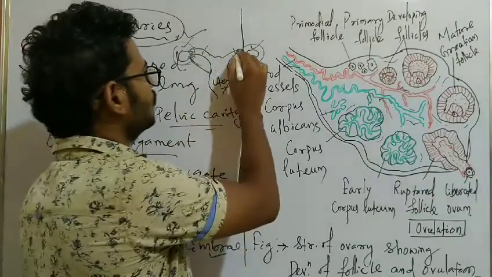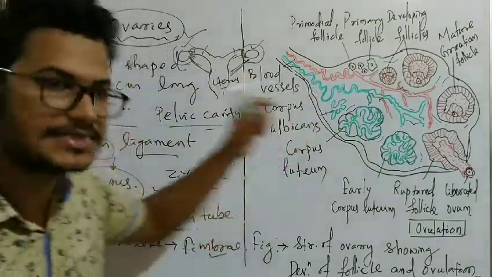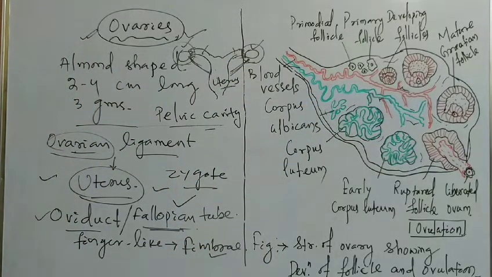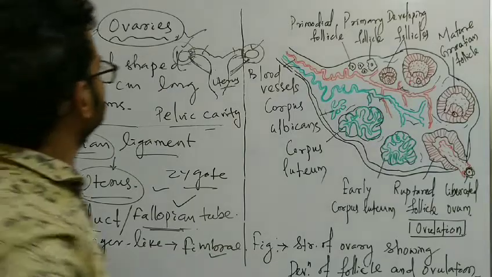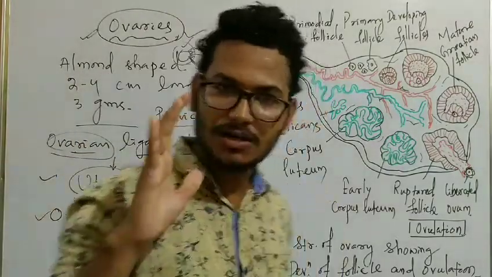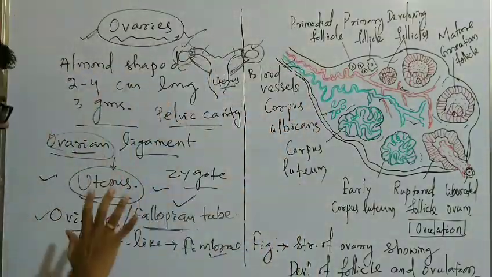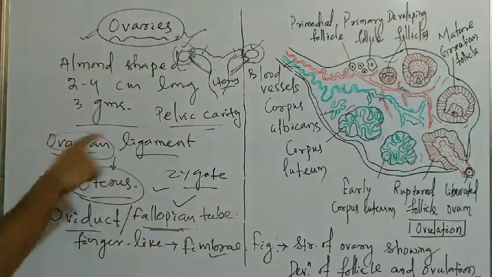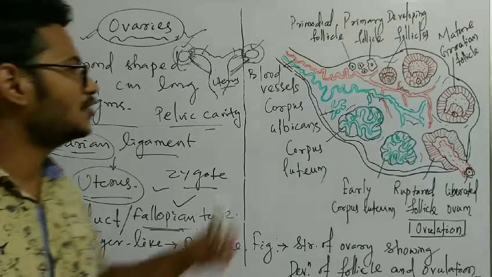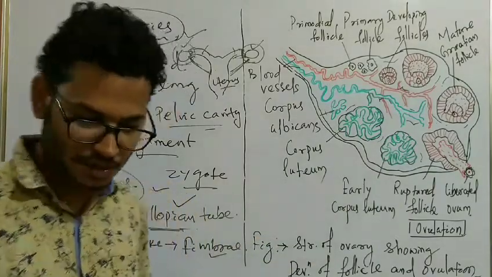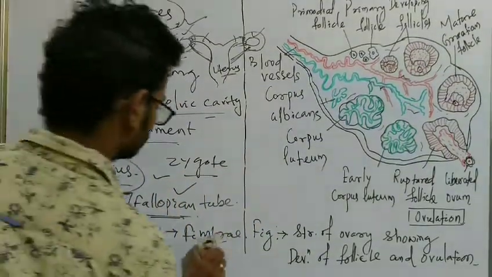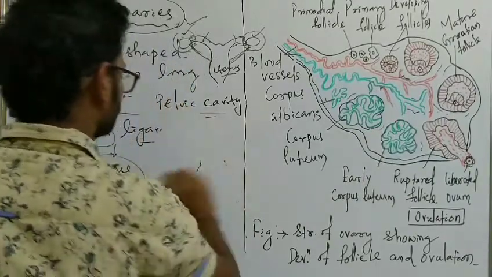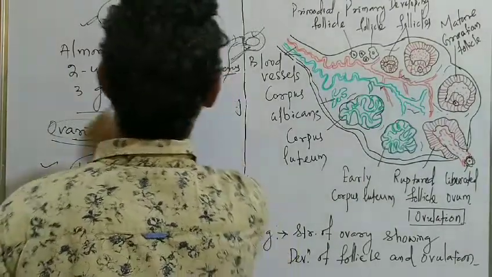With the help of the oviduct also, it is attached to the uterus. So this is the basic idea about the structure of the ovary and its location, and how it is fixed in its position by the ovarian ligament. Now let's move on to the histology of the ovary.